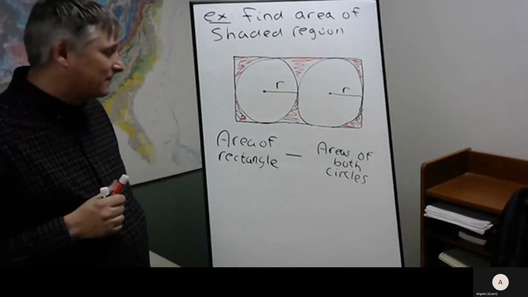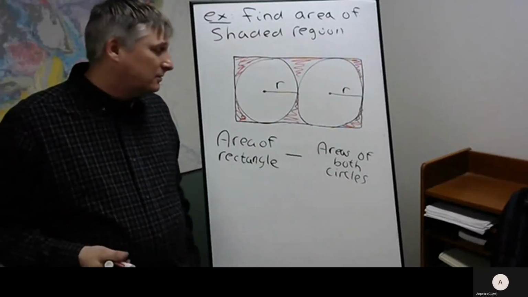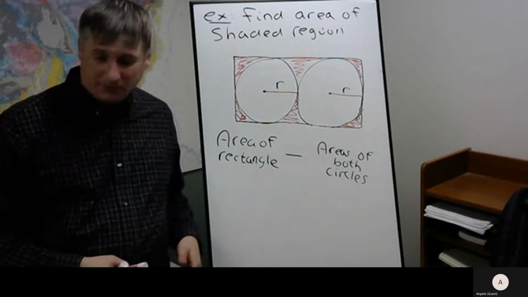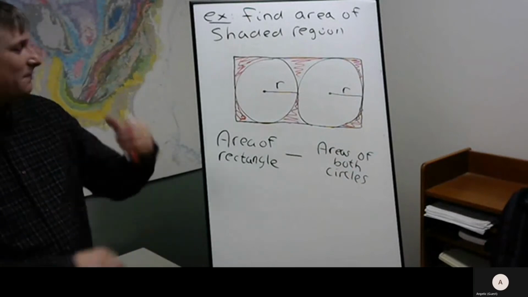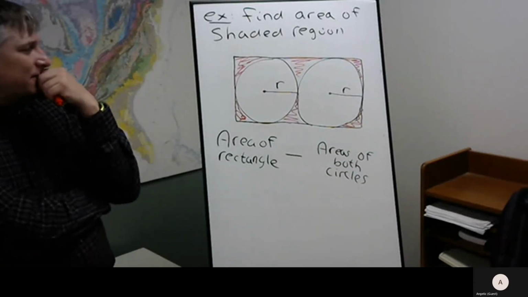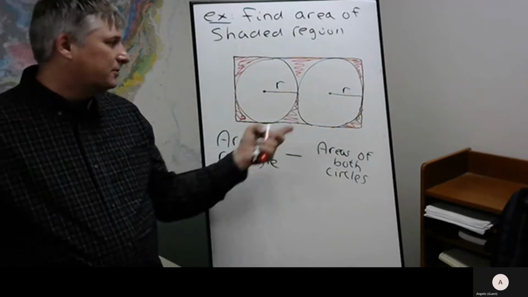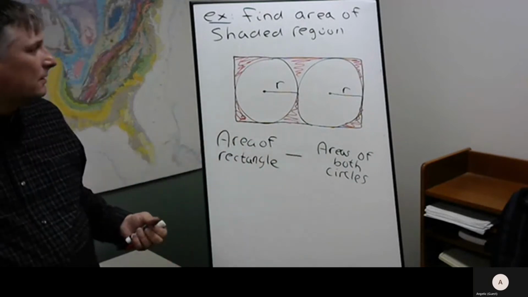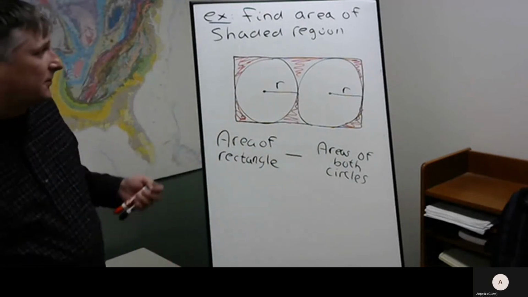We can do that. So what we need to do is figure out the areas of the circles and then the area of the rectangle. Well, let's do the rectangle first.